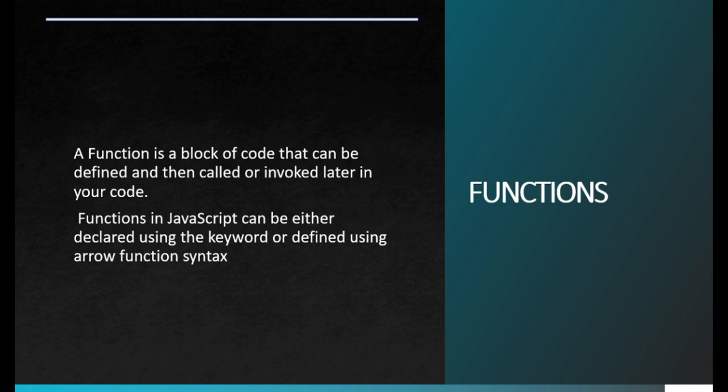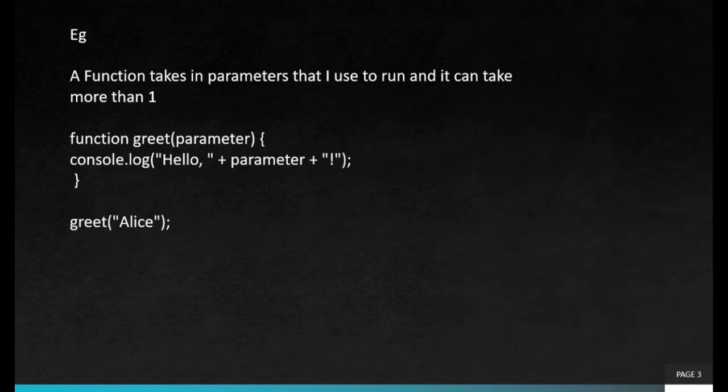First, this is how to write a function with the function keyword. You write function greet, then the function takes in a parameter. It can take one parameter or more than one. In the parameter part, this is where you assign what should be worked on, in layman's terms.